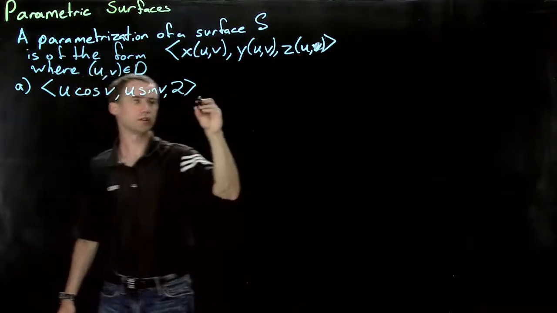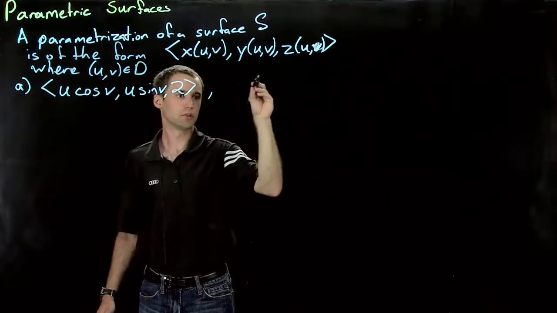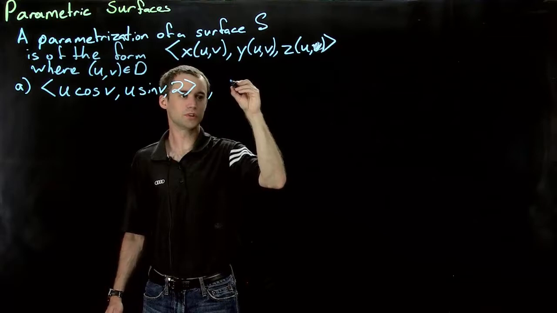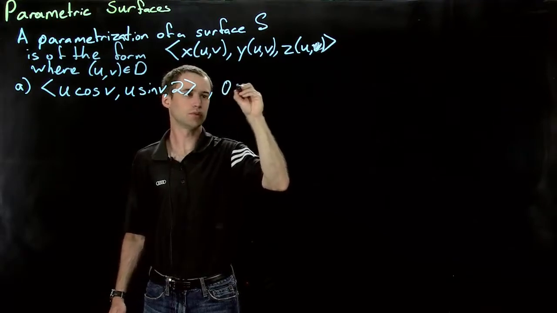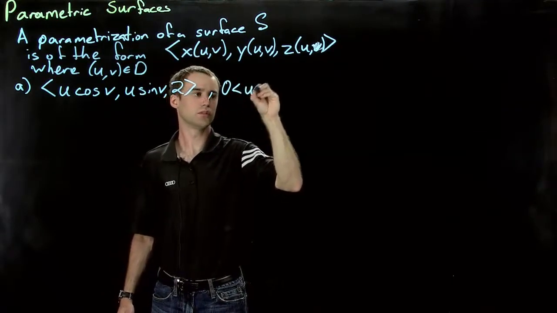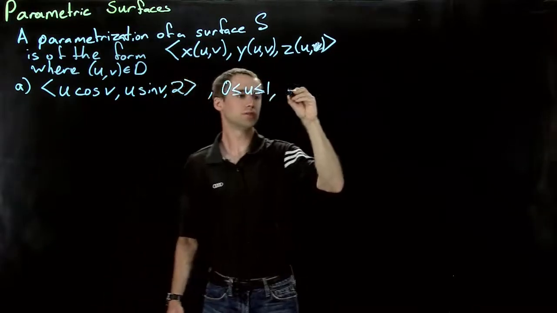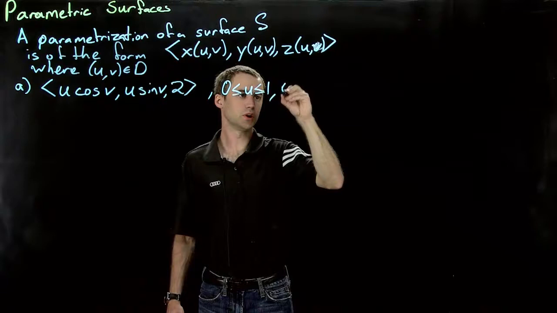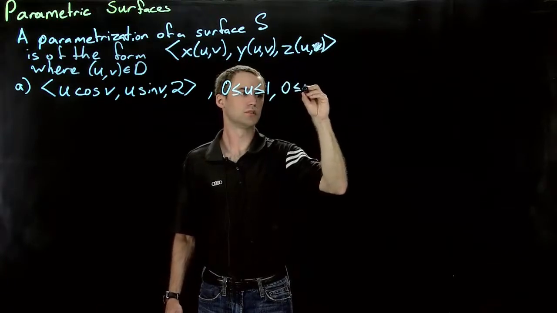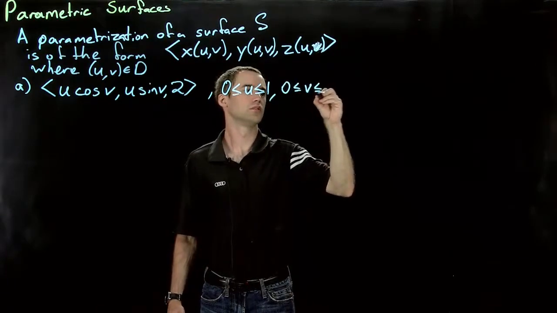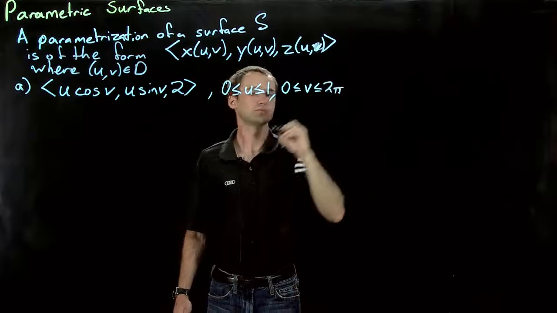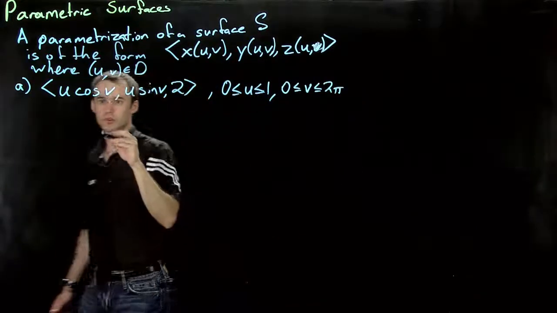Well, let's put some limits on what u and v can be. Let's have u range from 0 to 1, and let's have v range from 0 to 2 pi.